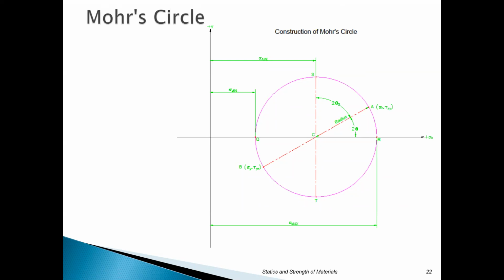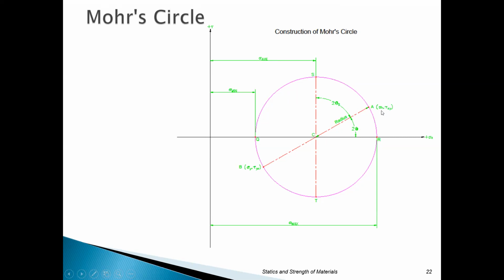So Mohr's circle has some critical points. The first points are point A and B. These are related to your stresses. So you have a normal stress in the x direction, and tau, which is your shear. The two coordinates of that would be a normal stress and a shear stress.